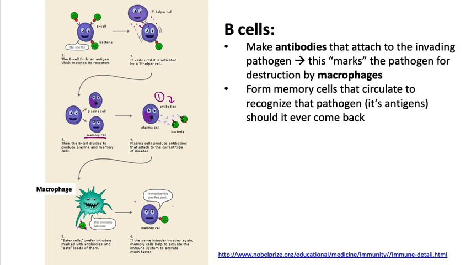So B cells, technically they differentiate into plasma cells, which make antibodies, but to keep it simple, I say that the B cells will make antibodies that will mark our pathogen for destruction.